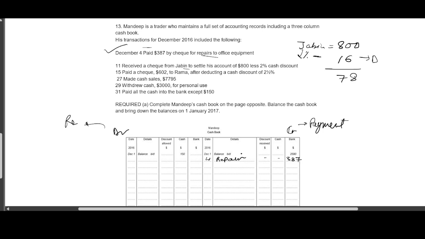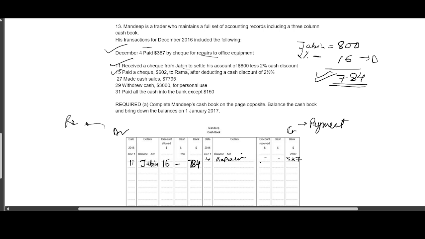So 784, you received the money through check, which is 784. So here you have to mention on 11th, you have to write down Jabin. So discount is 16 and you received a money of 784. Simple.